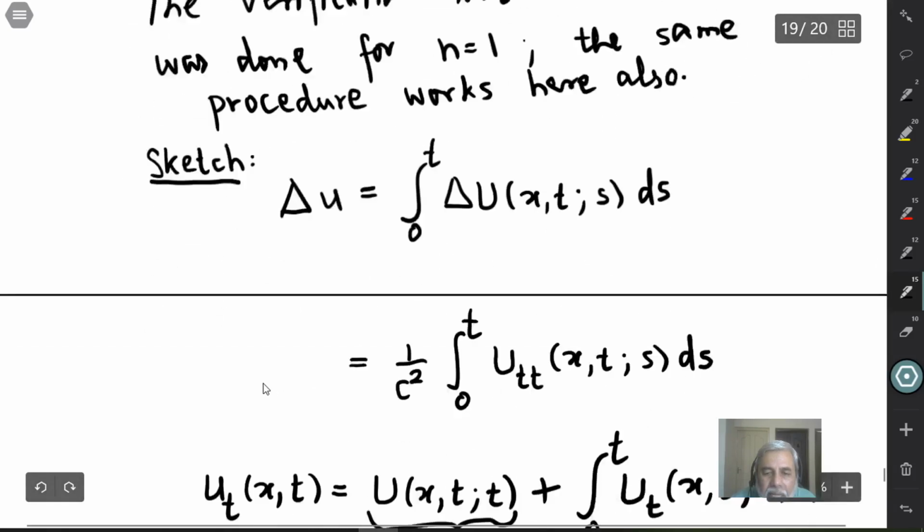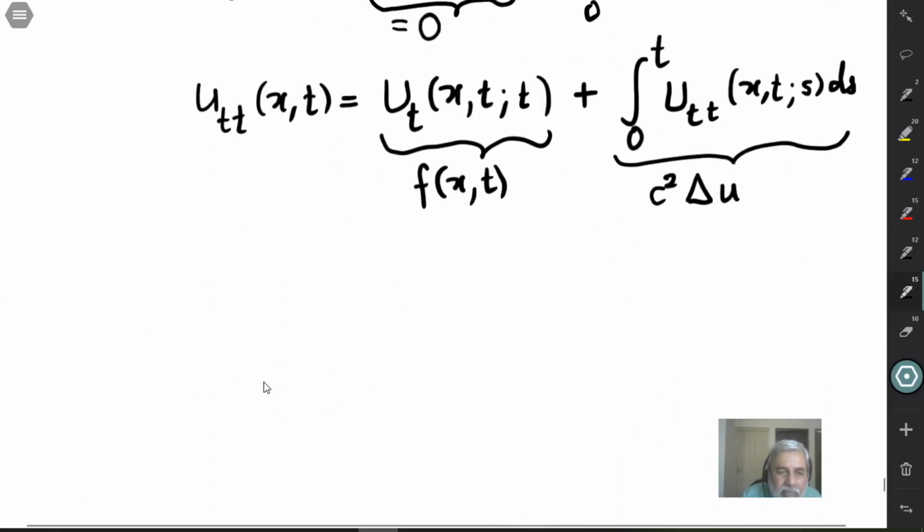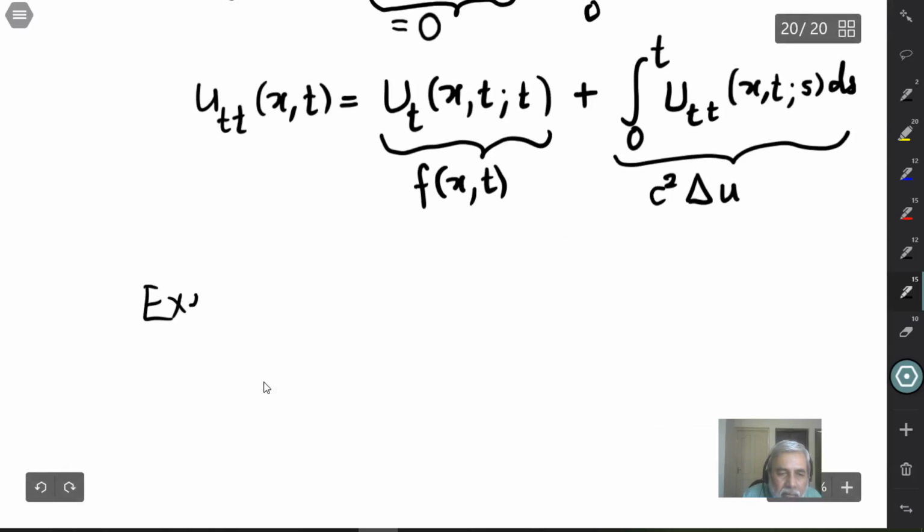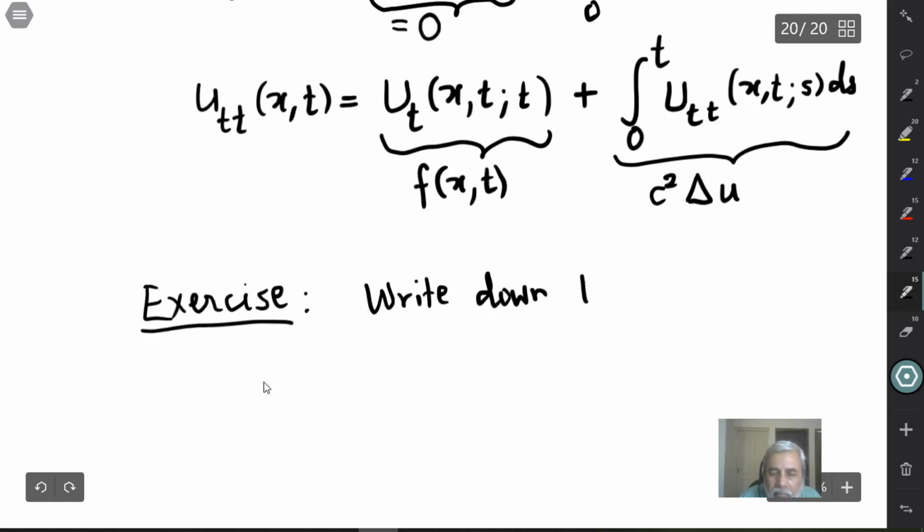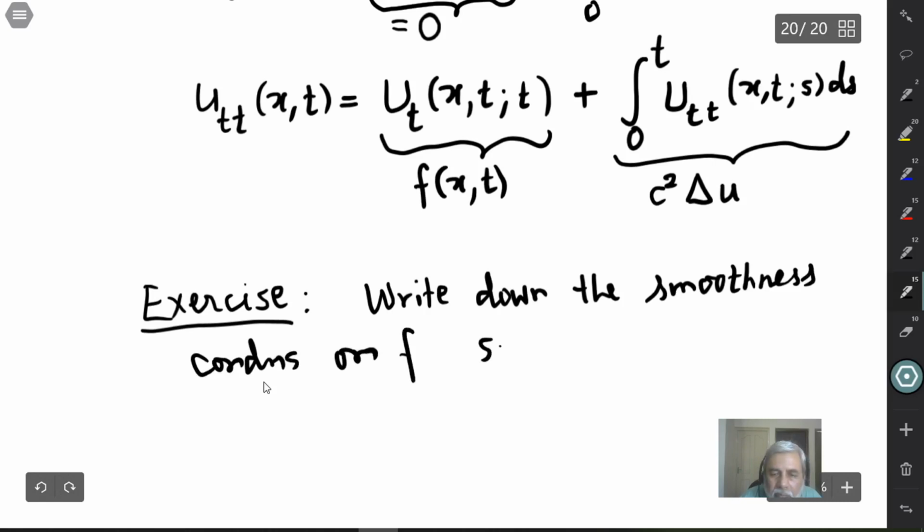That's an exercise: write down the smoothness conditions on f so that u is a C2 solution.